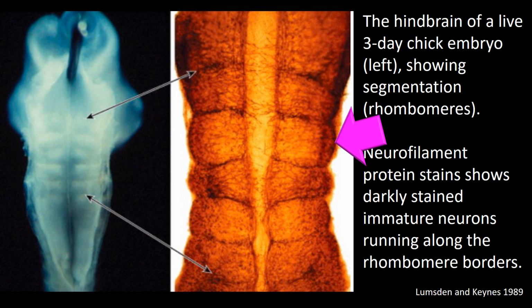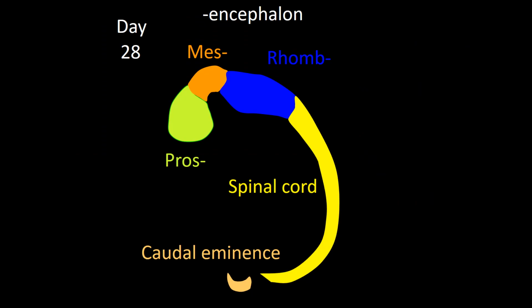Each rhombomere has a specific combination of proteins which is different from the combination of proteins found in all other rhombomeres. As we will soon see, it is this combination of proteins that induces the formation of different brainstem structures. In a prior talk, we have seen this representation of the 28-day-old embryo. This is a slightly different representation of the rostral region of an embryo the same age.